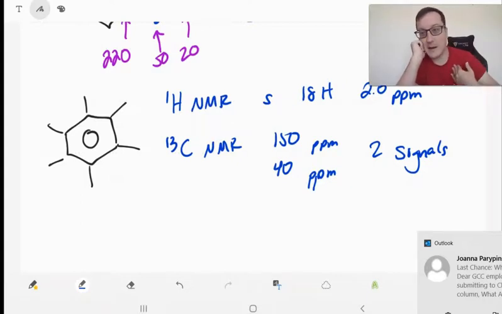You're not going to see that on my exam. I think some of the Tomasi problems, the problems that I gave y'all, may have some long range coupling, but typically you won't see that. So carbon NMR is a good supplement to proton NMR. Still valuable information to be had there.